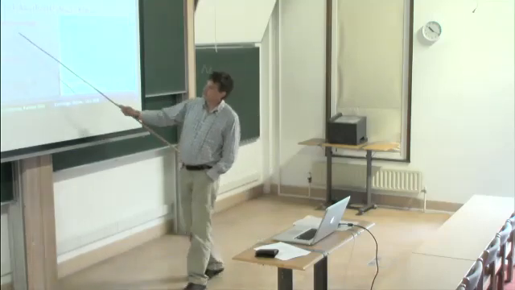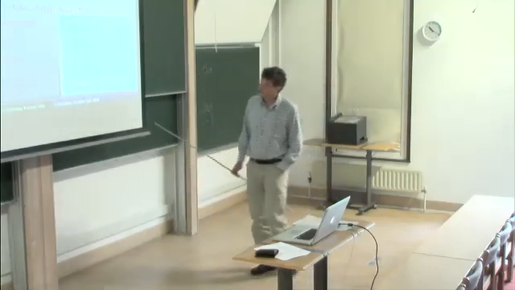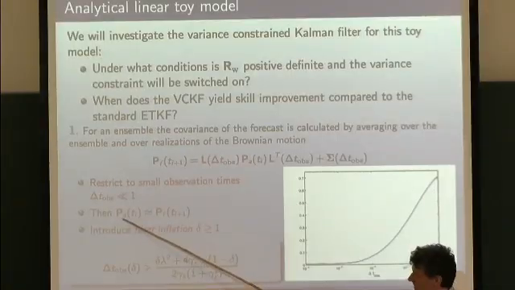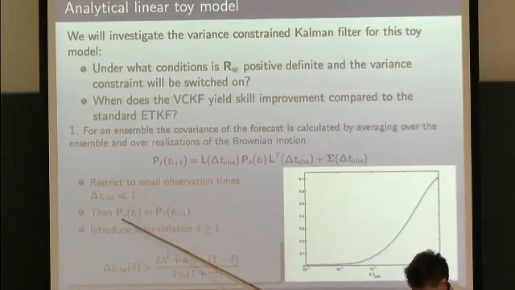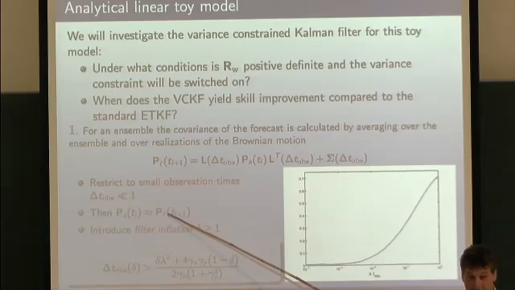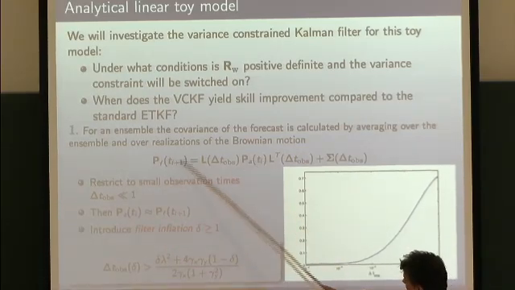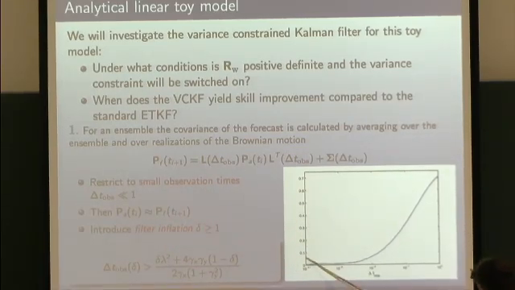Then what we do is we restrict to small observation times, because otherwise we can't get any analytical expressions. And then we can say that the analysis error covariance is roughly the forecast variance at the next time, and then we can solve this equation. This is this formula here, where we also introduce a delta to have the possibility to study inflation.